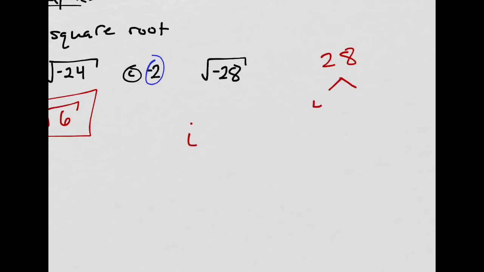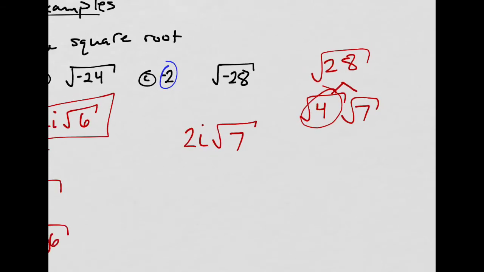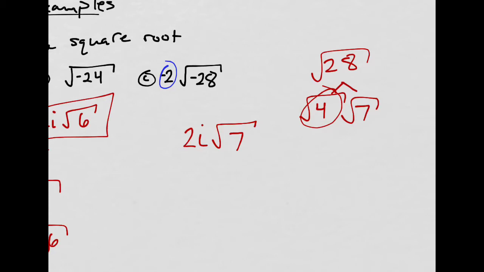4 times 7. And I'm square rooting all of that, and again it comes out as a 2, and on the inside there's a 7. But look at this. Now I'm not going to ignore it. That's why I circled it. So I still have a negative 2 out here, and this is multiplication, so it's going to be multiplication there.